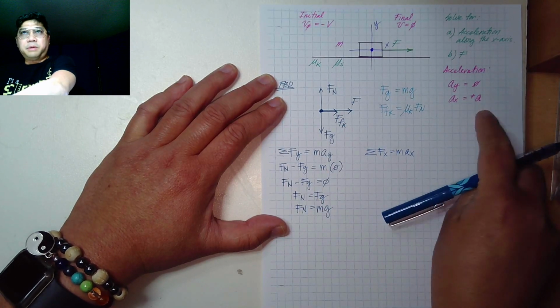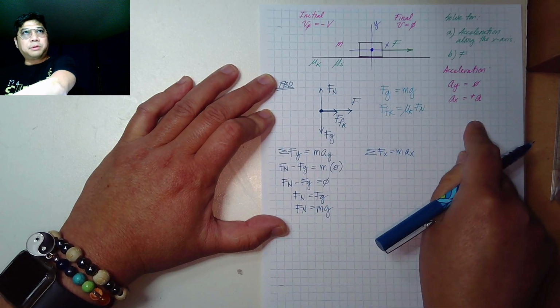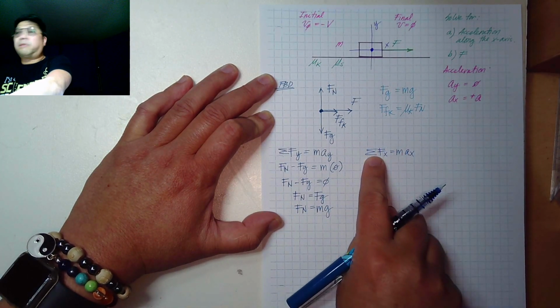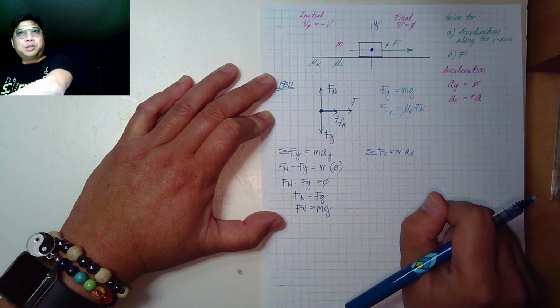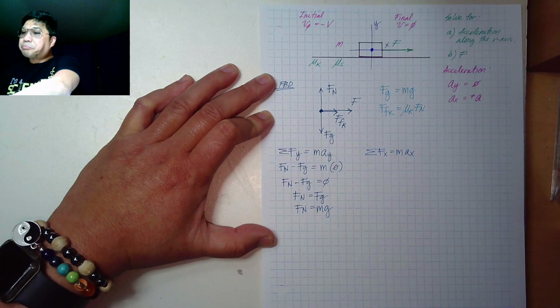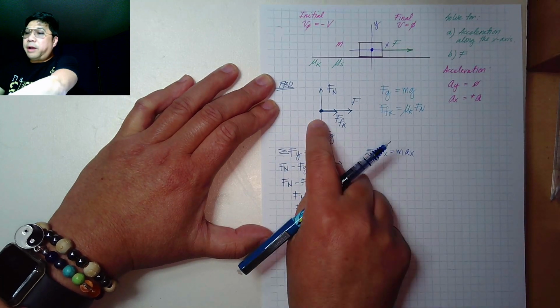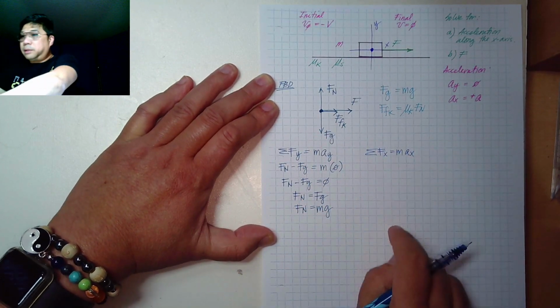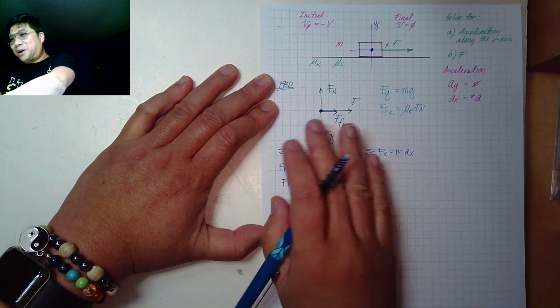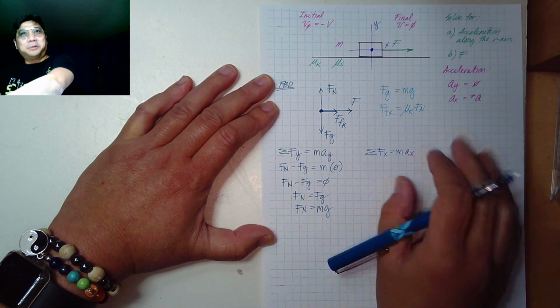This time, the acceleration along the x-axis is not 0, so the difference between those forces shouldn't be equivalent to 0. We have forces acting along the x-axis, but nothing pointing to the left.